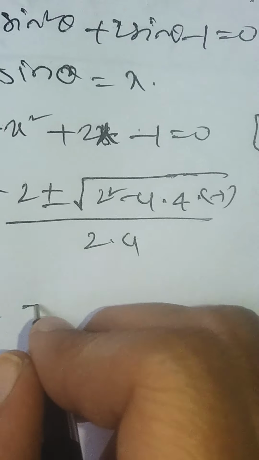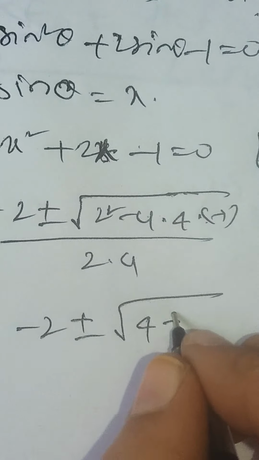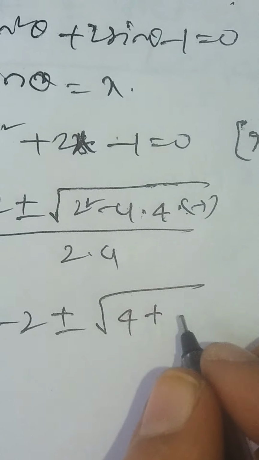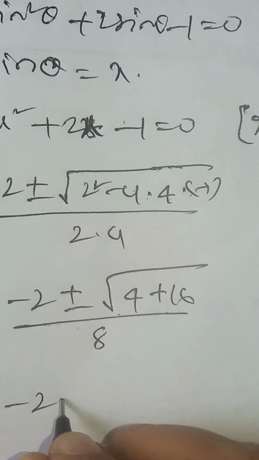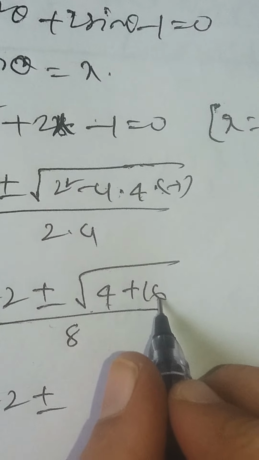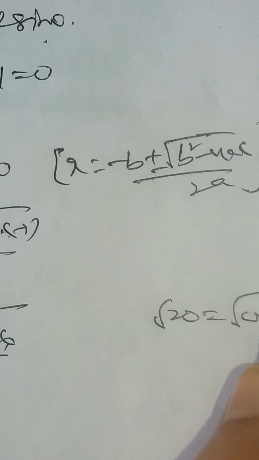Now I get minus 2 plus or minus square root of 4 minus 4 into 4 into minus 1, plus 4 4s are 16, divided by 2 4s are 8. Now I get minus 2 plus or minus, this is 4 plus 16 is 20. Now root 20 can be written as root of 4 into 5.